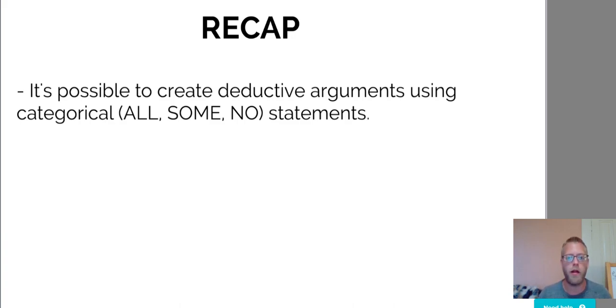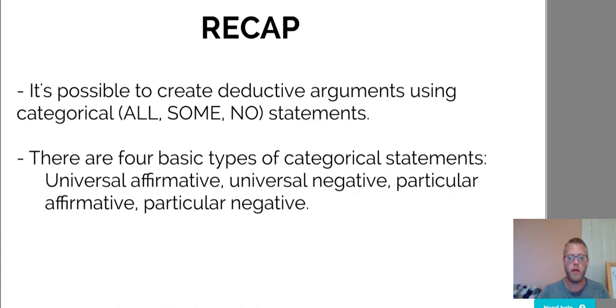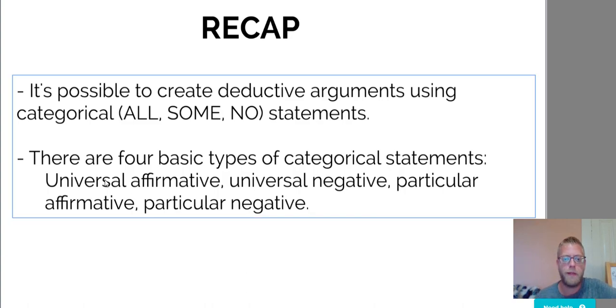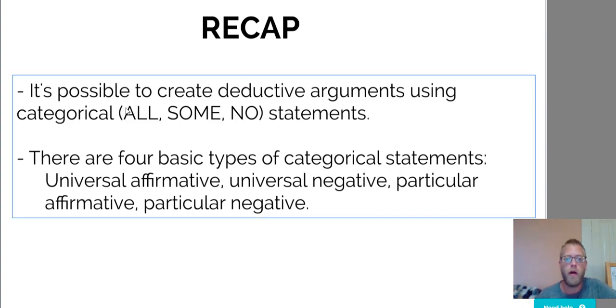They're all about all, some, no kinds of statements. We can do that, and we can make these 4 basic types of categorical statements, right? So they're all going to be all, some, or none, but then they're going to say something either positive or negative about each of these, okay?